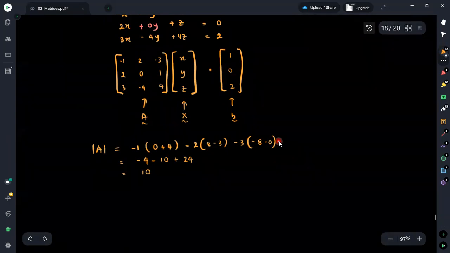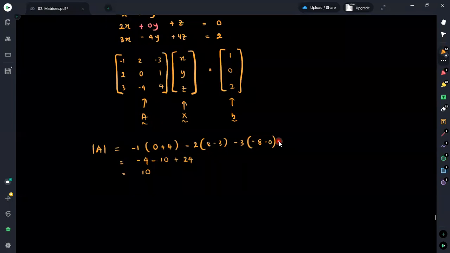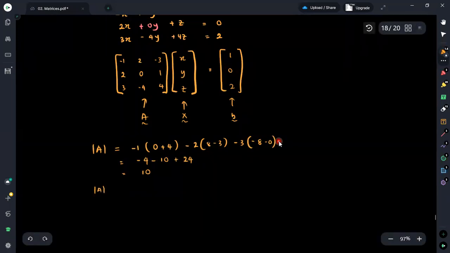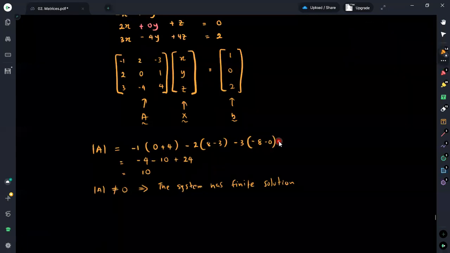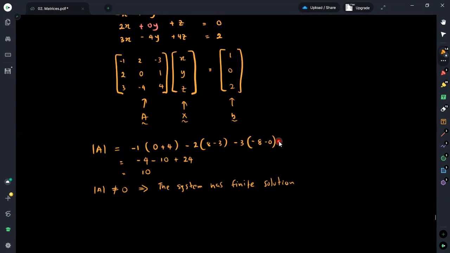Now you can see that this value differs from 0. Then we can say that the determinant of A does not equal 0, which implies that the system has a unique solution. Suppose this value becomes 0, then we can terminate the calculation at this point by saying the system has no solutions or infinitely many solutions.